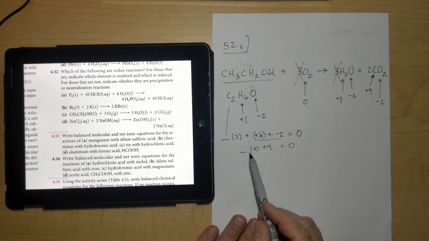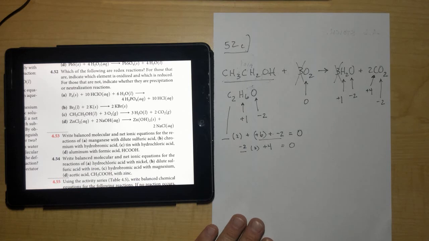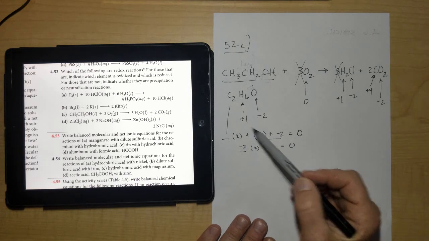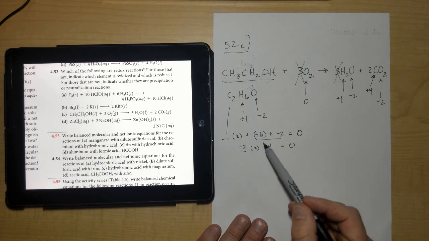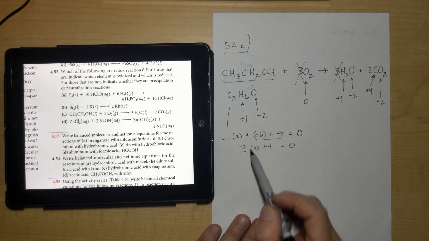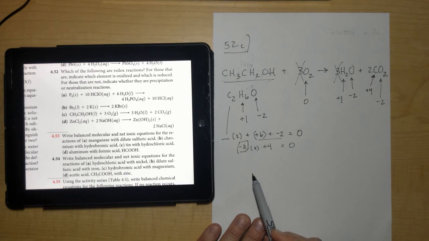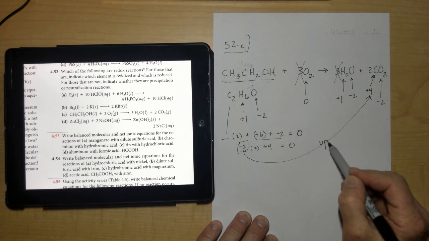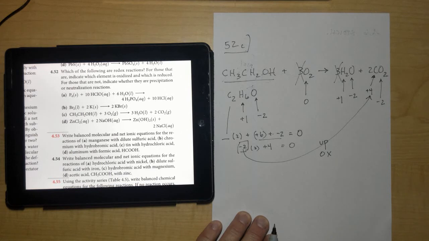That means carbon in this case must be -2. Did I do that math right? I think I did that right. Yep. So that means carbon goes from -2 to +4, and so that goes up in charge and it's oxidized.